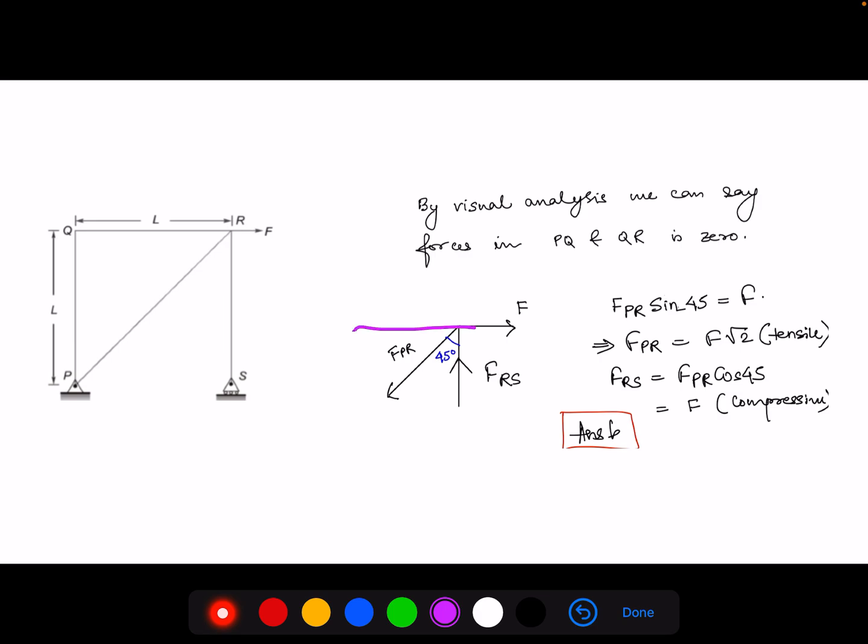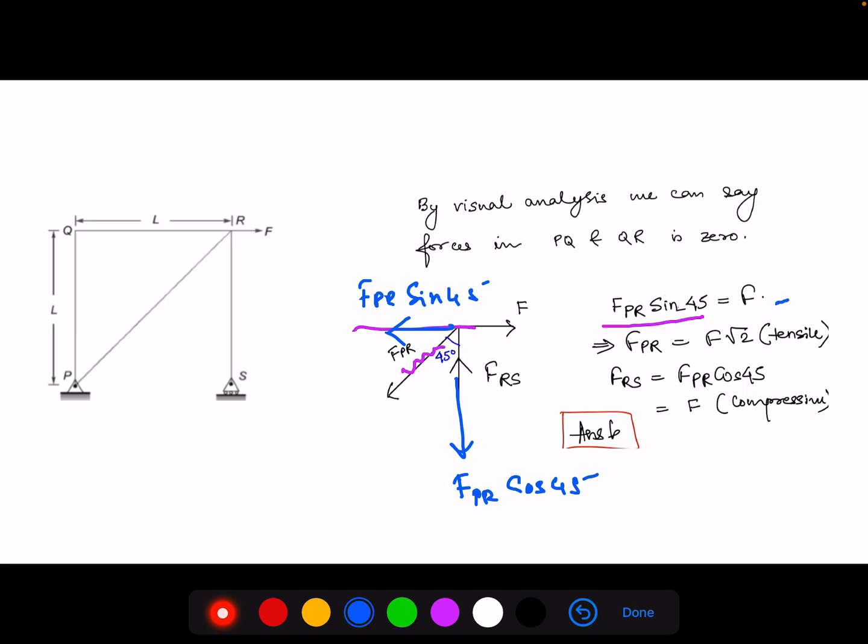So if you resolve these forces, FPR can be resolved into two forces, FPR sin 45 and FPR cos 45.